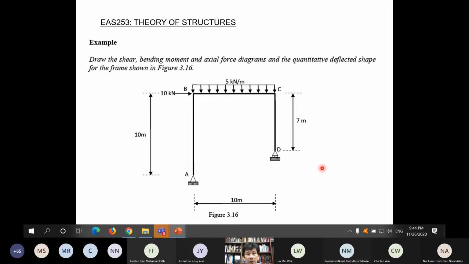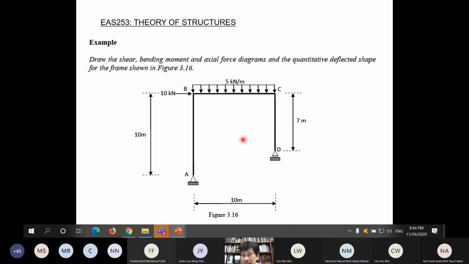So this is a 3 members frame, vertical member AB, horizontal member BC, and another vertical member CD, 10 meter, 10 meter, 7 meter, pin support, roller support, and there is a concentrated point load here, 10 kilonewton at B, and there is a uniformly distributed load, 5 kilonewton per meter along member BC.